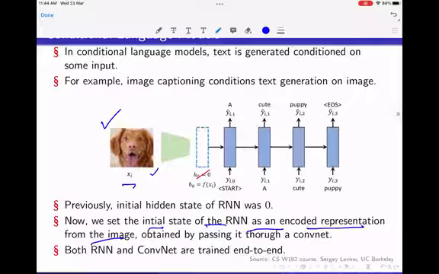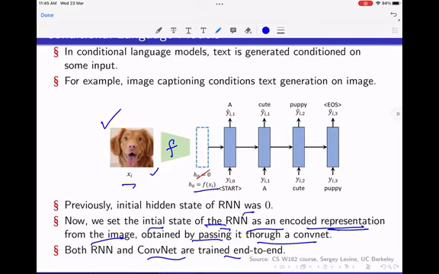So we set the initial state of the RNN as the encoded representation from the image obtained by passing it through the convnet. Then both the RNN and the convnet are trained. So this H0 is now basically f(xi). F is just this function, this convnet. You pass xi through f, you get f(xi), and you feed that as your initial hidden state of the RNN.